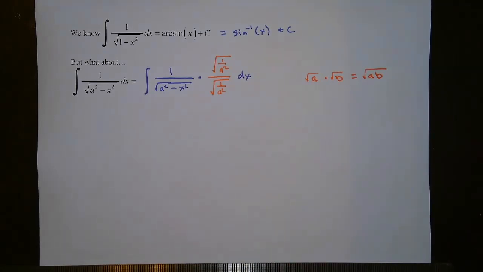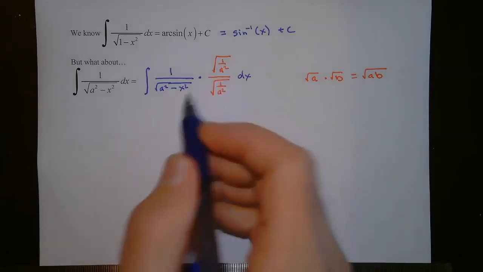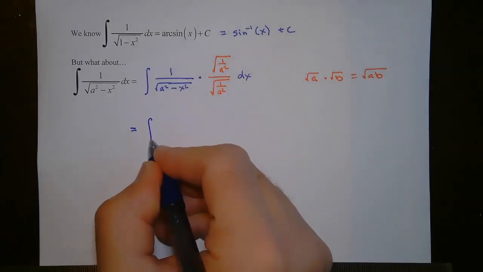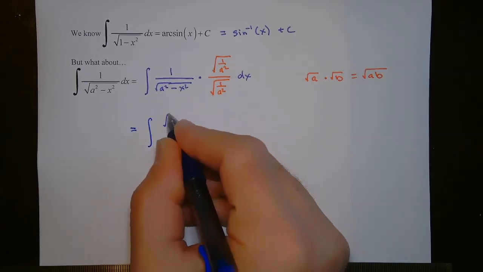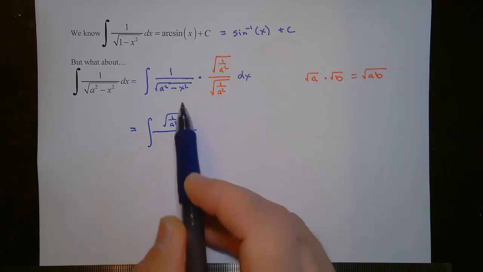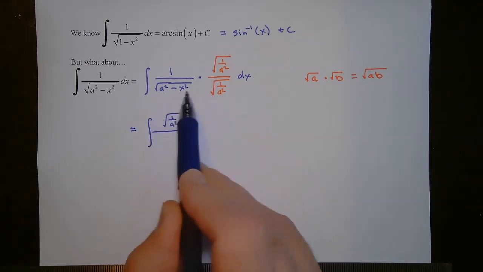So now when we multiply this out, it's going to be 1 times the square root of 1 over a squared. So this is equal to the integral of the square root of 1 over a squared over, when I multiply these, because they're both inside a square root, I'm going to be able to distribute.